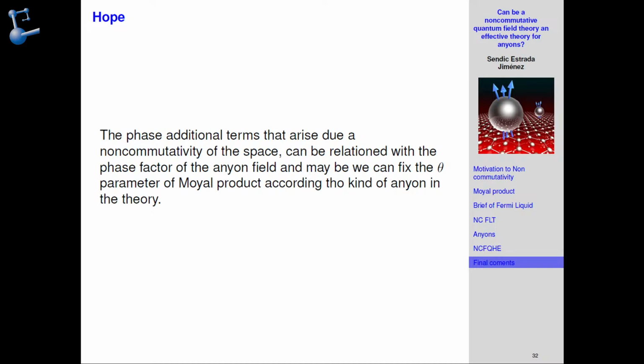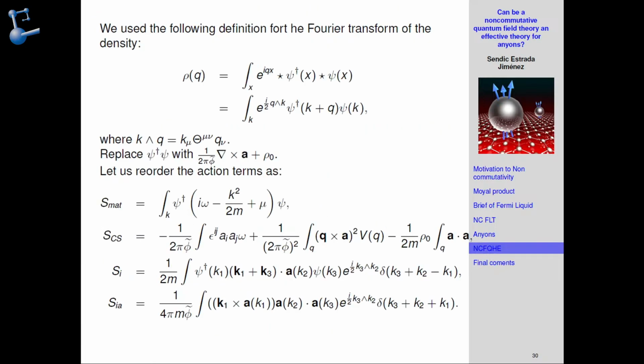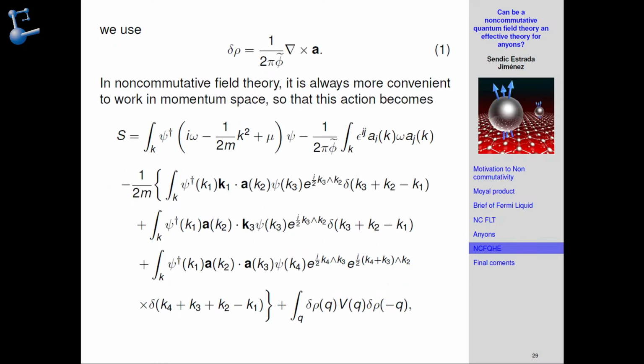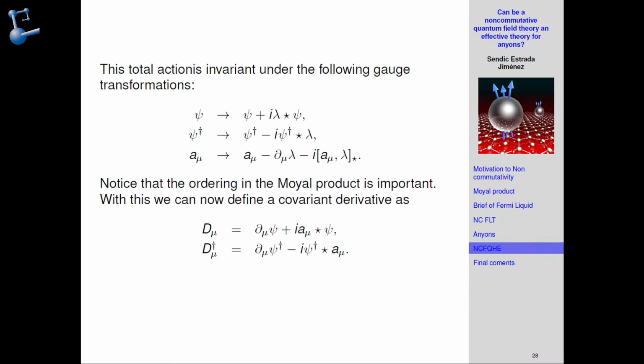Questions or comments? Thank you. There's something I think I didn't understand quite well. Maybe two slides before this one, when you wrote the gauge transformations of a field, why does the Moyal product enter there?